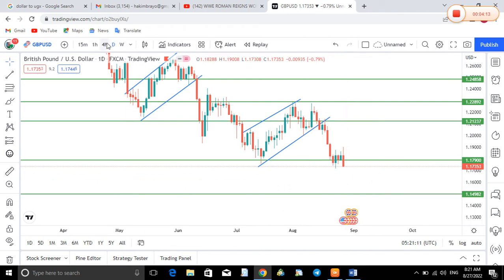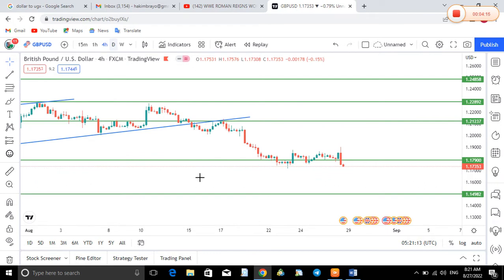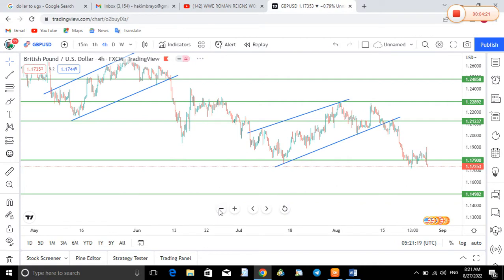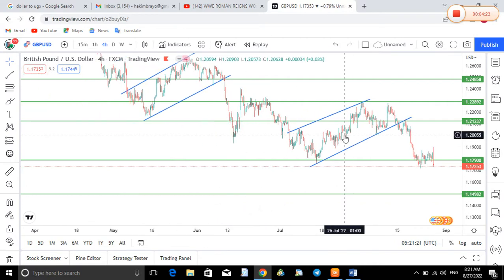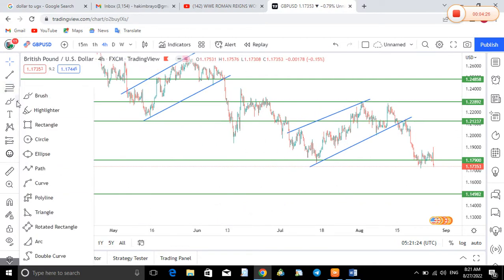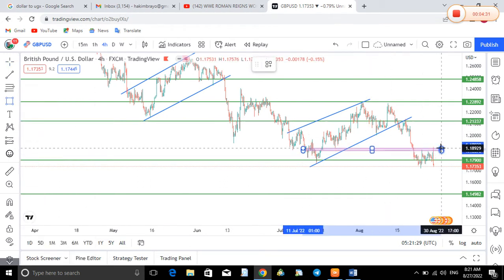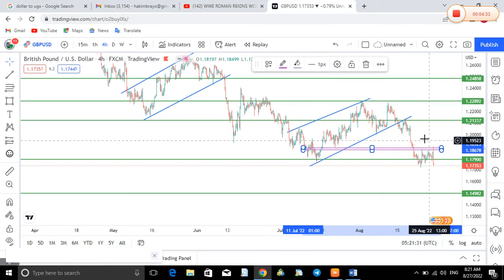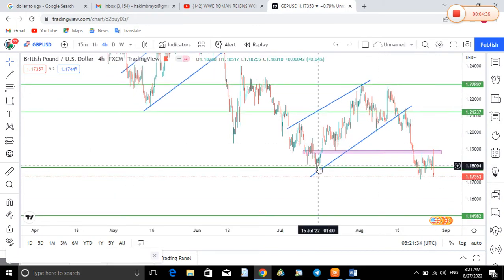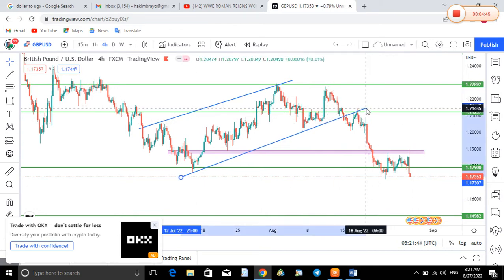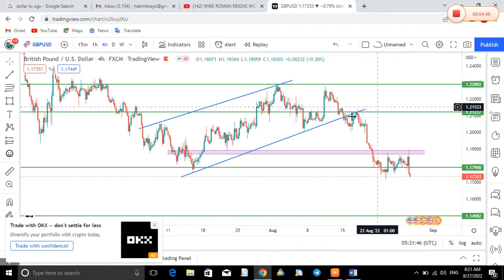Now I want to go to the 4-hour time frame to get a clear picture of the market. We had this particular zone, which was respected by the market before it pushed to the downside. Now we had our bearish flag, price pushed, we had a breakout.